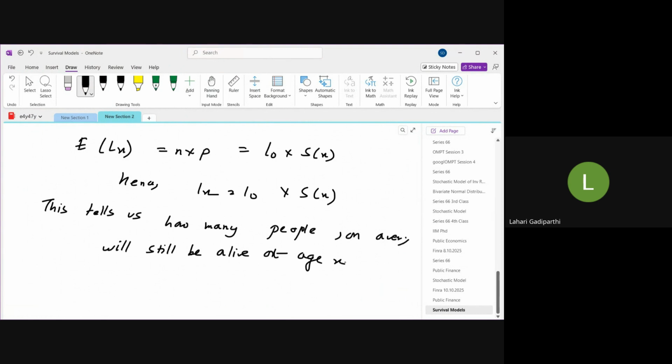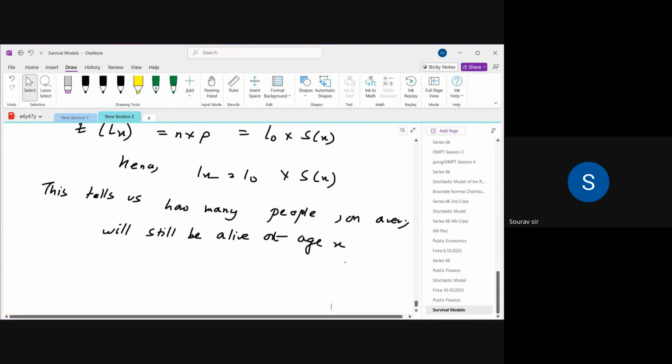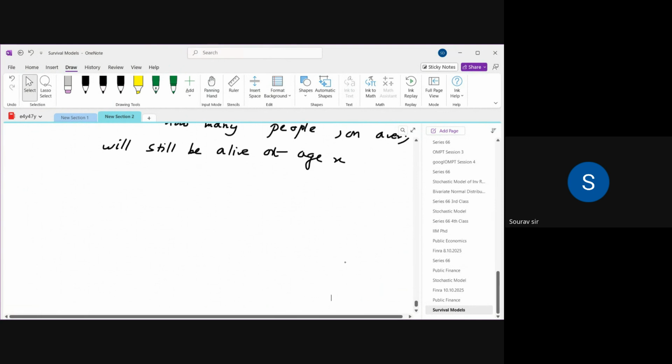Okay. Next, life table concepts, a numerical example. That also we have to understand. So there is a question. Ages are 30, 31, 32, 33, 34.